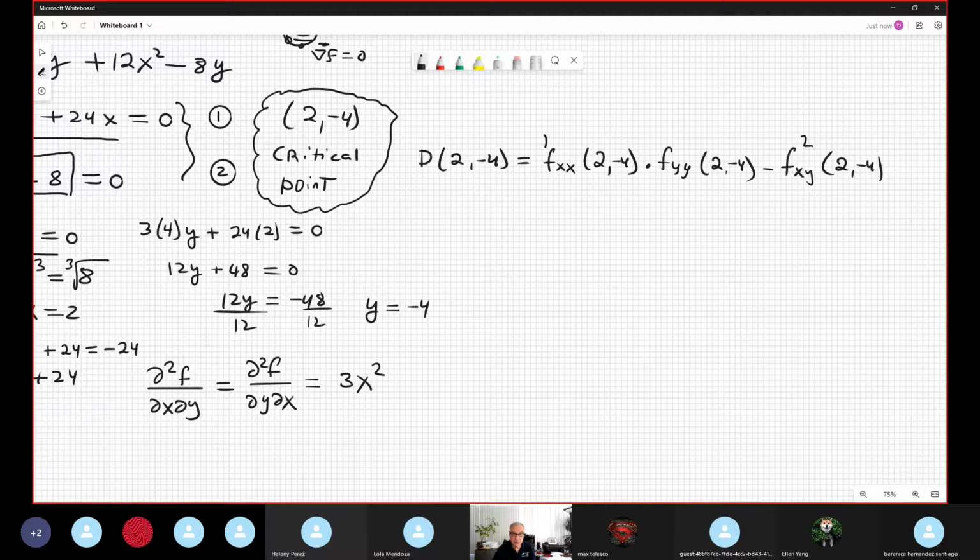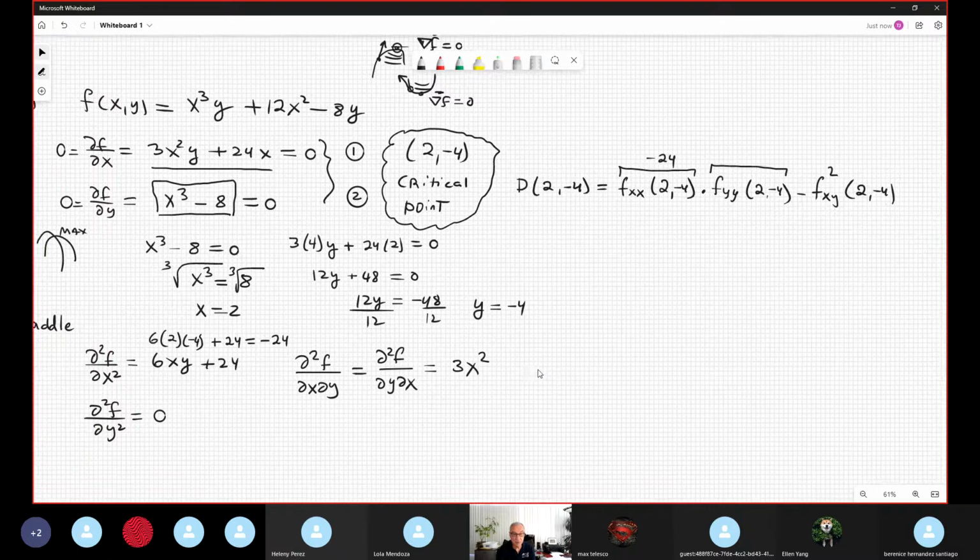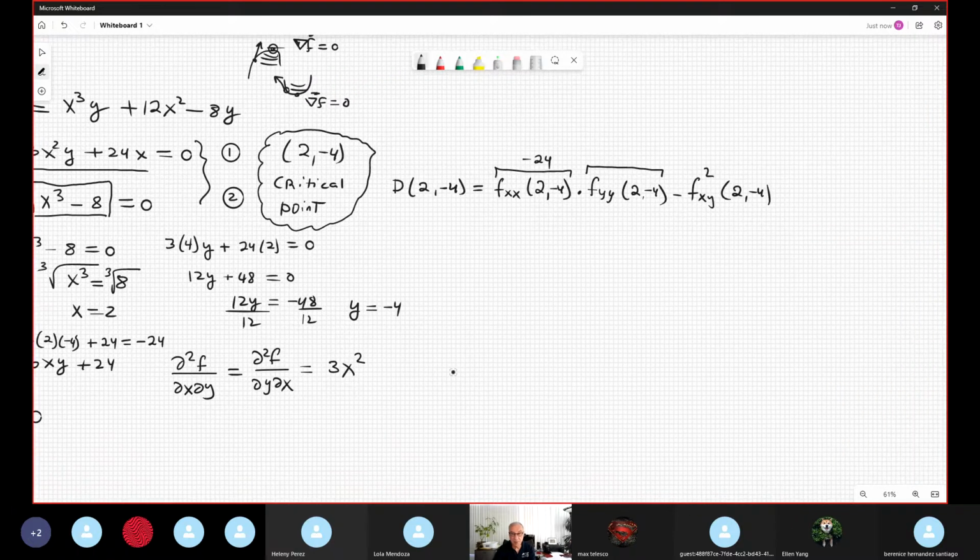So the answer of this was -24. The answer of this, wow, is 0, because the second derivative is 0, not depending on x and y. And that part disappears.